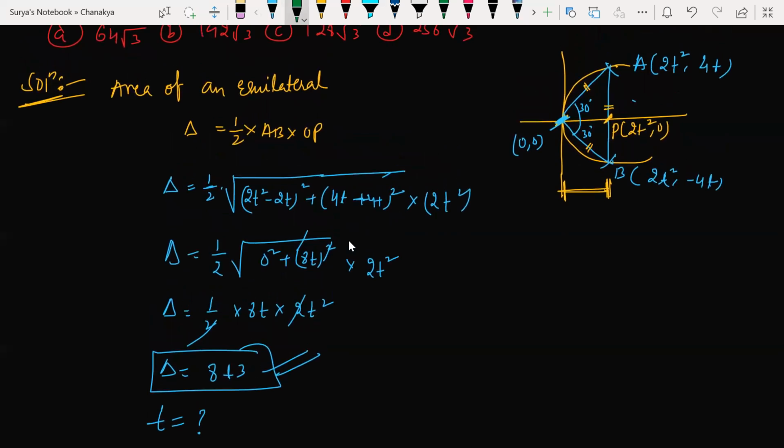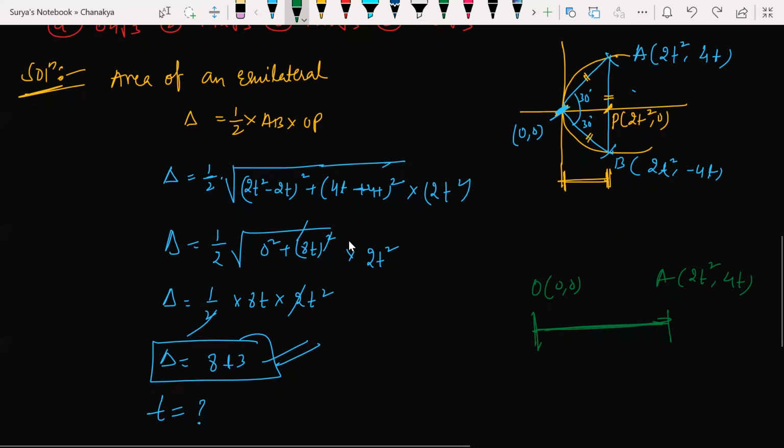What is OA here? Origin to A. What is OA? I mean, slope of OA. Slope of OA, this gives me what? Can I just take tan theta? Why? Because I have an angle here. I have angle theta.